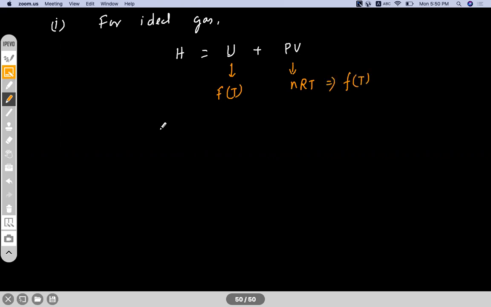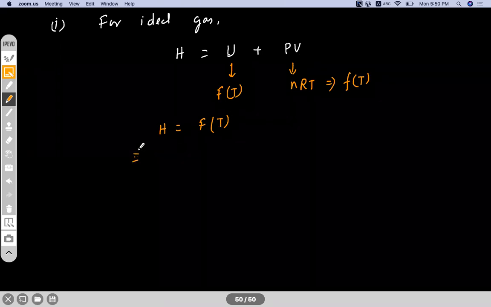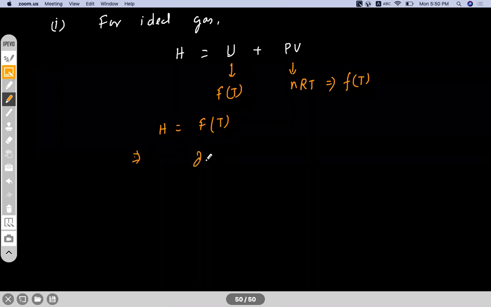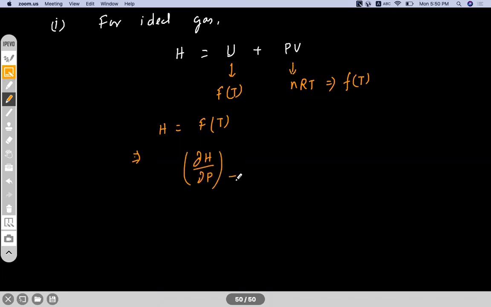Okay, so overall we can say H is a function of temperature. Right? H is a function of temperature. It means the differentiation of enthalpy with respect to pressure at constant temperature equals to 0.